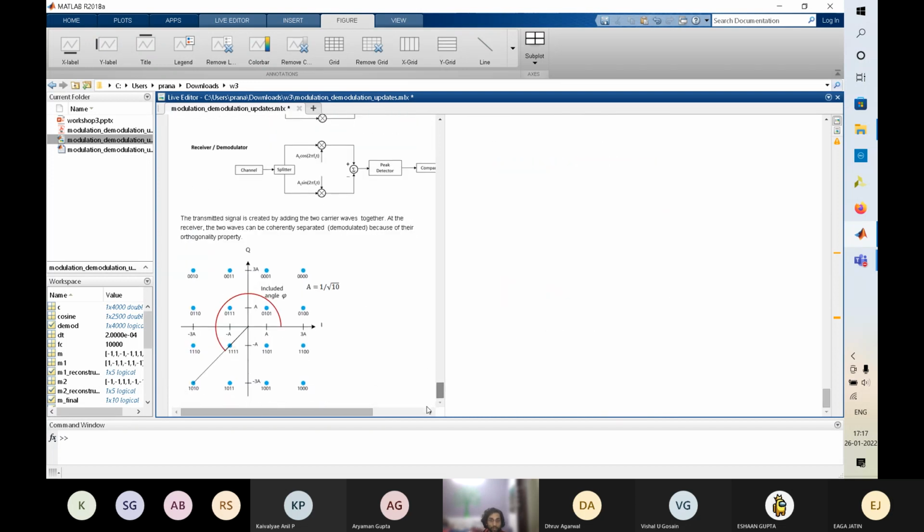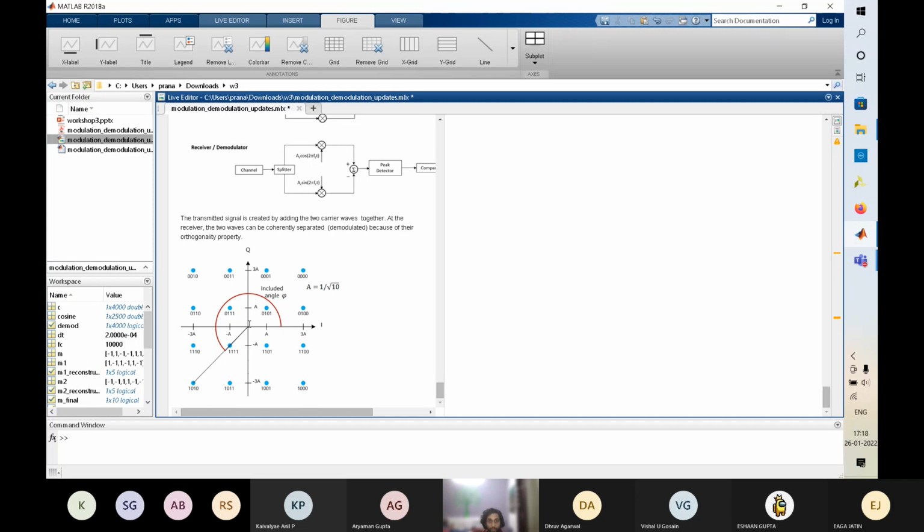So let me tell you, in the diagram for QAM, here we can see it has been plotted in amplitude. If we receive a signal, then we decide what it means. We basically see which dot it is closest to.